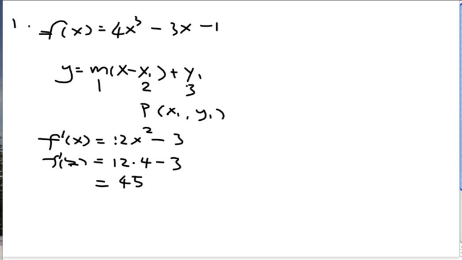So how do we find x1, y1? We already know that x equals 2, so we know a point, x1.